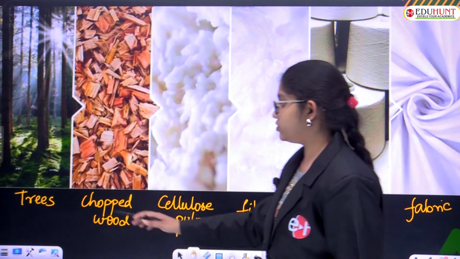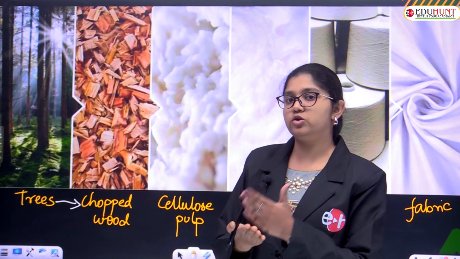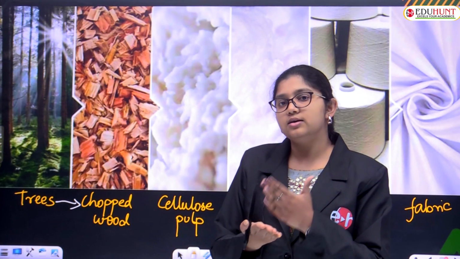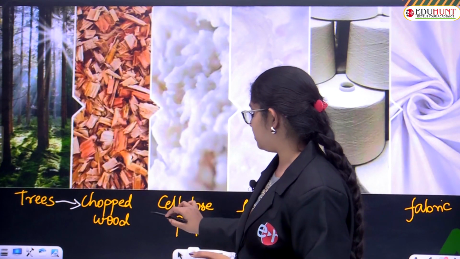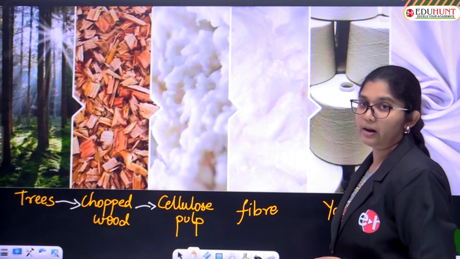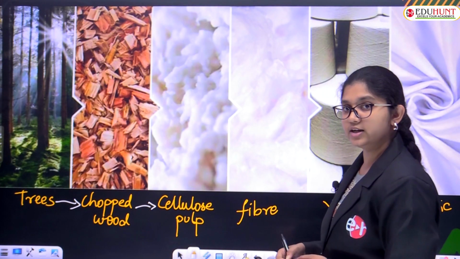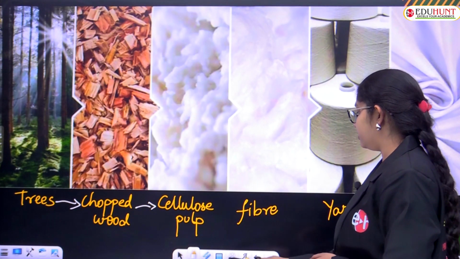So, all these treatments, right from tree to fabric, we'll see one by one again. From trees, the wood is taken out and chopped into smaller pieces. Chop means breaking down into smaller pieces, and from there we get the cellulose pulp. Cellulose pulp is obtained from that wood, and from there we get the fiber.